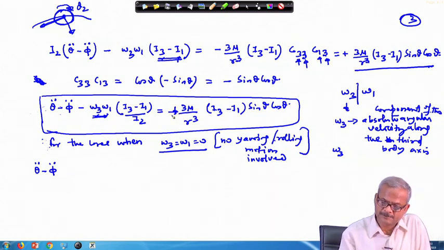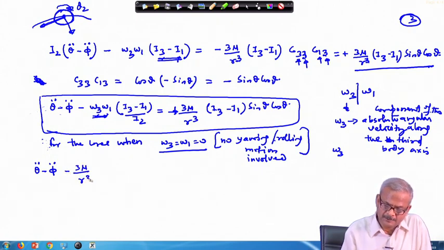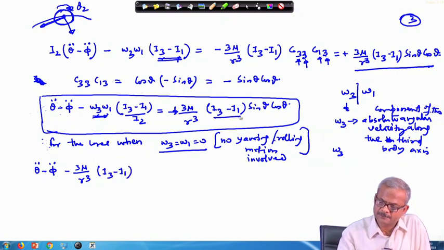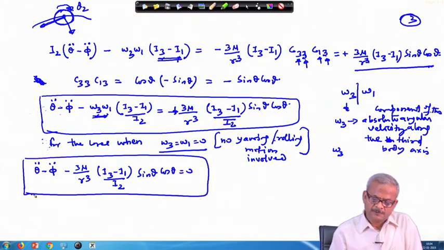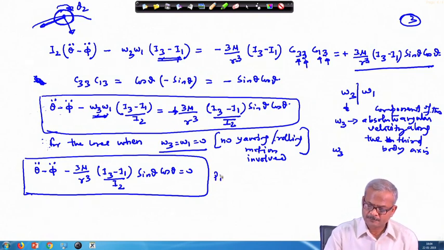Okay, so, this is plus, this minus 3 mu by r cube I 3 minus I 1, here also we need to divide it by I 2, divided by I 2 sin theta times cos theta, this equal to 0. This is the pitching motion equation.